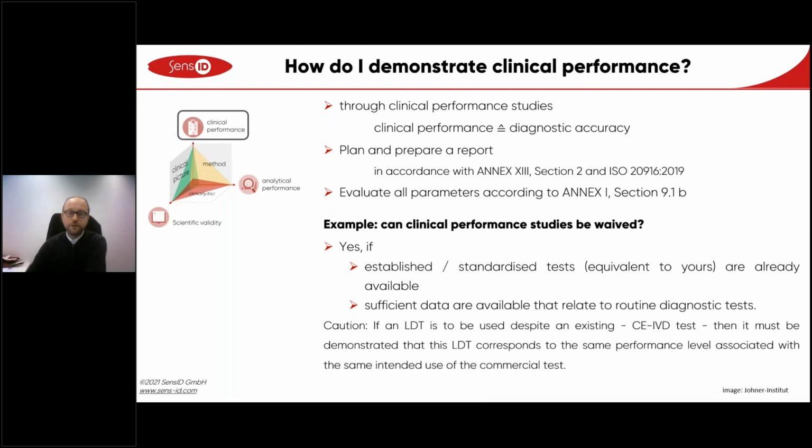But caution: if an LDT is to be used despite an existing CE IVD test, then it must be demonstrated that this LDT corresponds to the same performance level associated with the same intended use of the commercial test, which was already explained a little bit by Sebastian. Yeah. So our tip would be to make a cost and benefit analysis in advance, because it could be really costly to perform all of this.